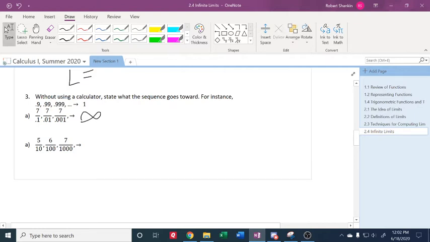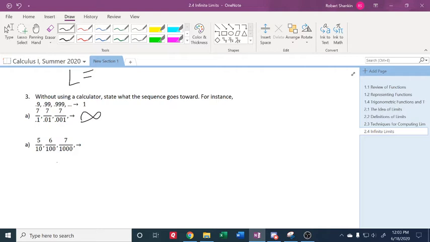And what's happening with these? Now notice the top number is getting bigger each time. And so is the bottom number. But the bottom number is getting bigger by a lot. It's getting bigger a lot faster than the top number. The top number very slowly is getting larger, but the bottom number is really getting larger fast.